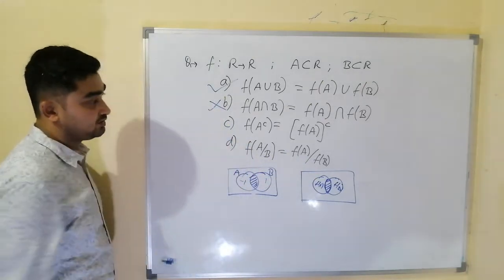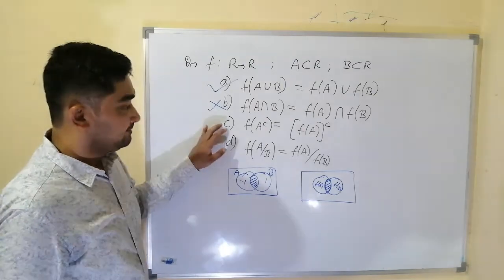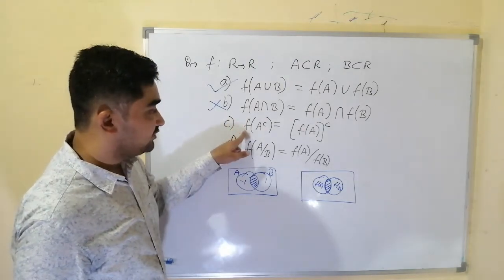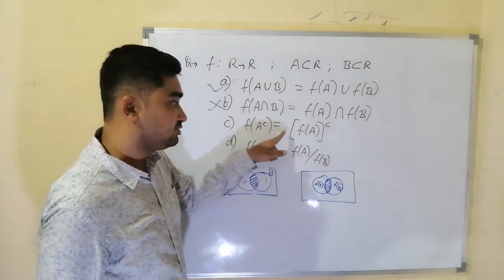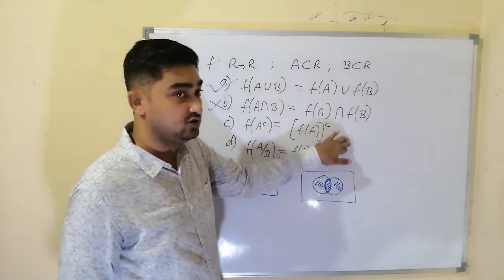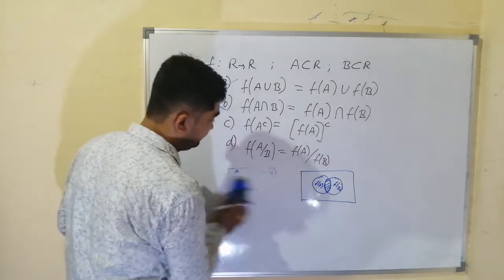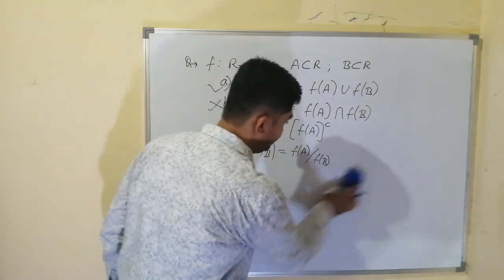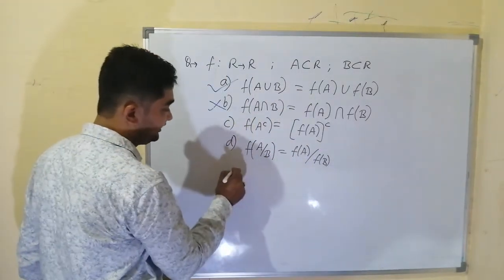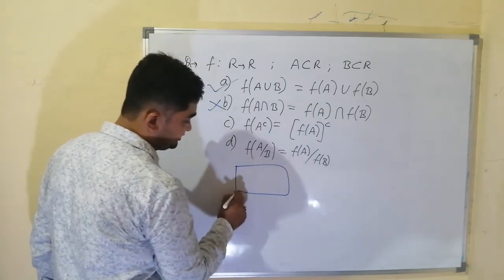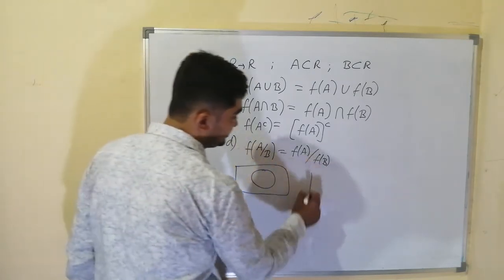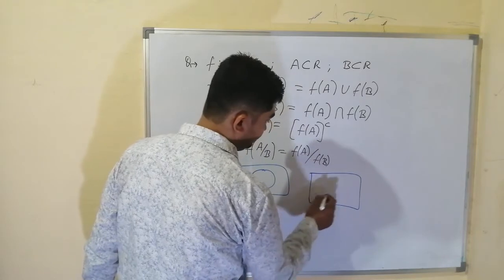Now we'll look at option C. Option C is f of A complement is equal to the complement of f of A. That means we have to draw this Venn diagram again, because now we have only one set A. Let us say this is input set A and this is output set f(A).